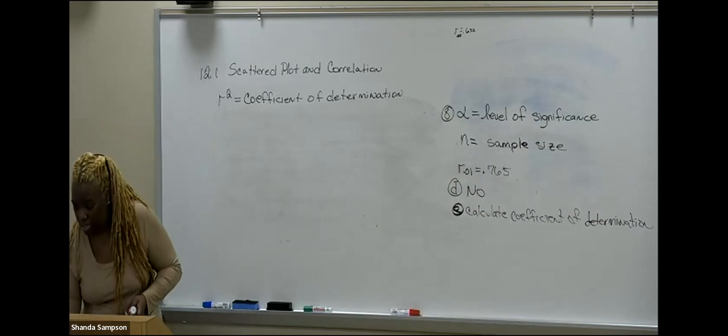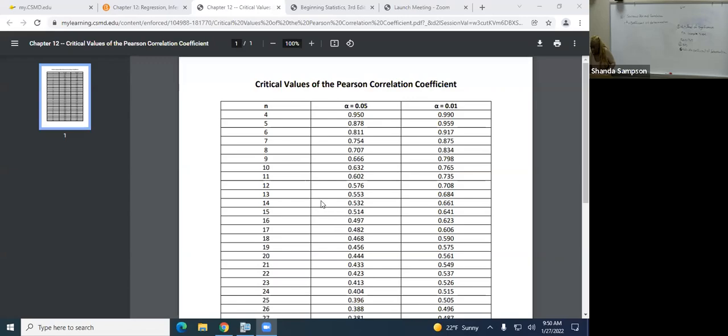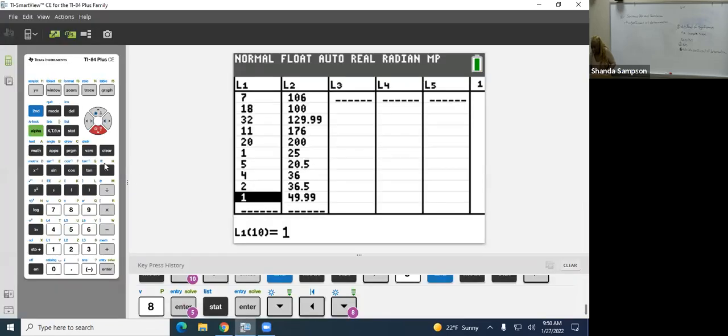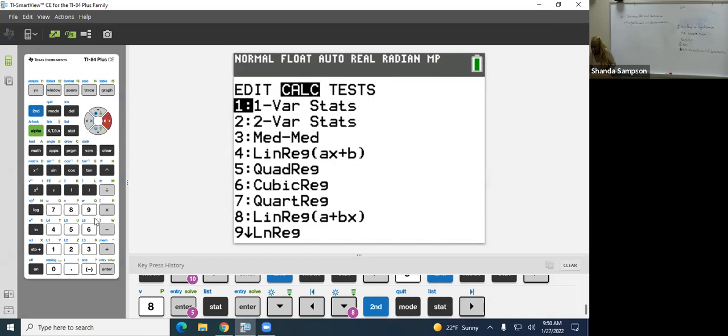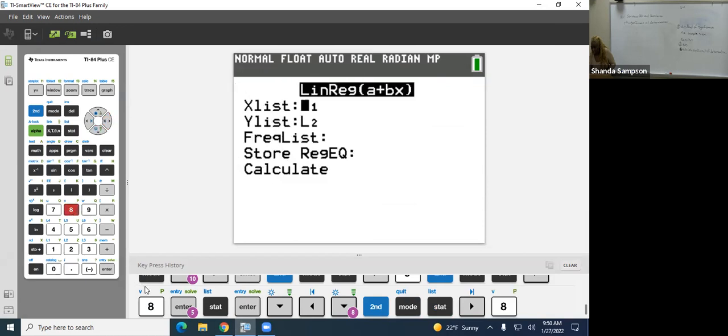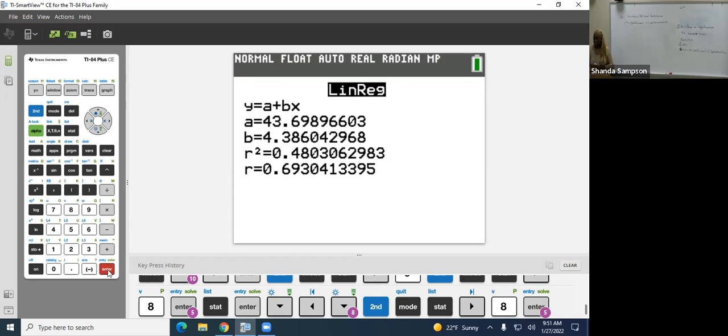Let's go back to our share screen. I'm going back to my test because it's right under it. You see that R squared, we're going to put it in a percent, but R squared is equal to 0.480, and it'll be a whole number.